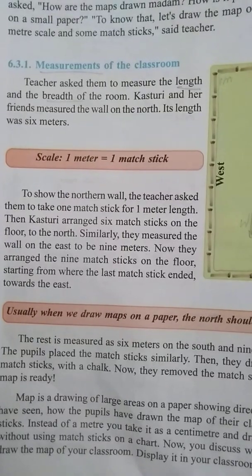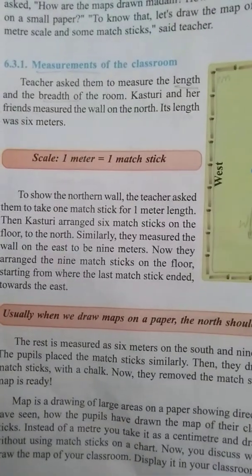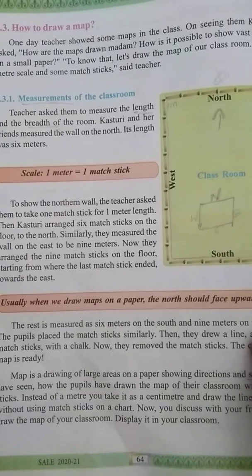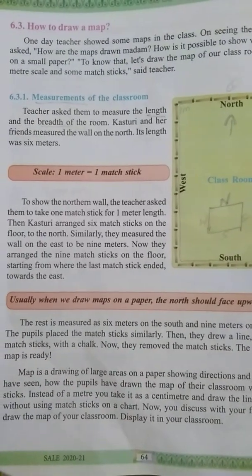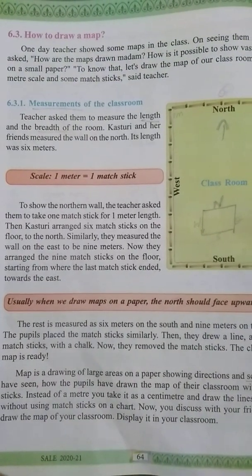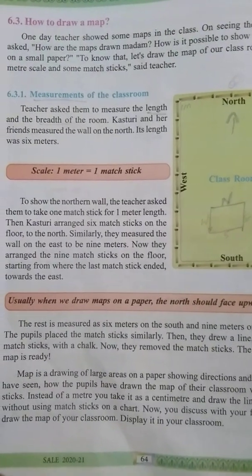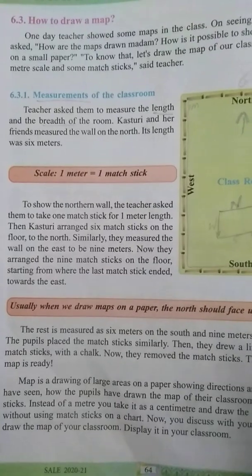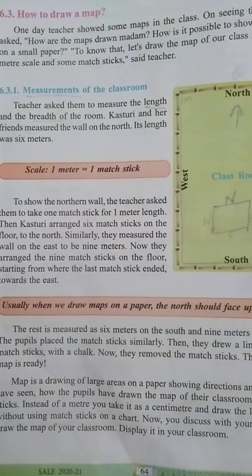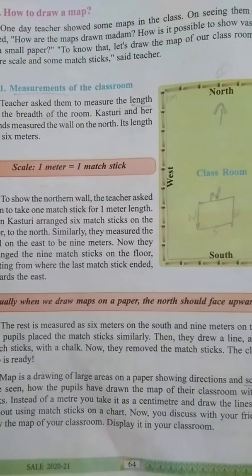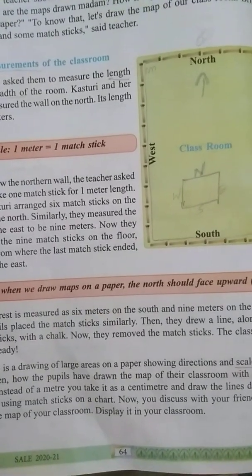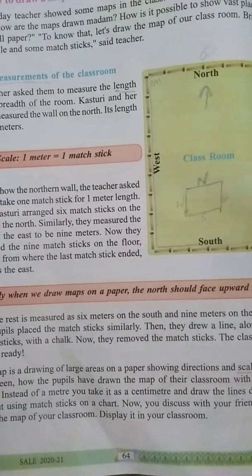The places are very big, and these big places she did not know how to show on the map. She was in doubt, she was confused, and here her confusion is gone because her teacher helped her to draw a map of their classroom.